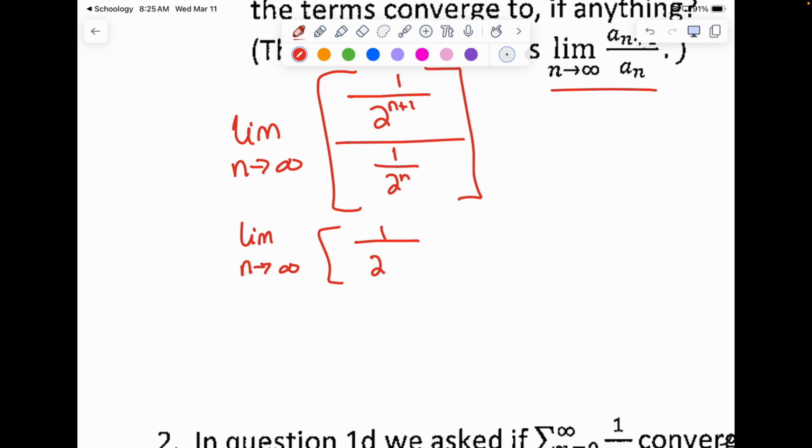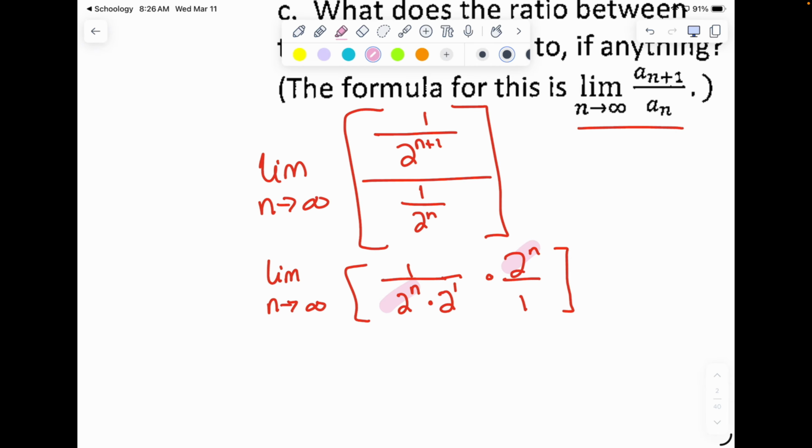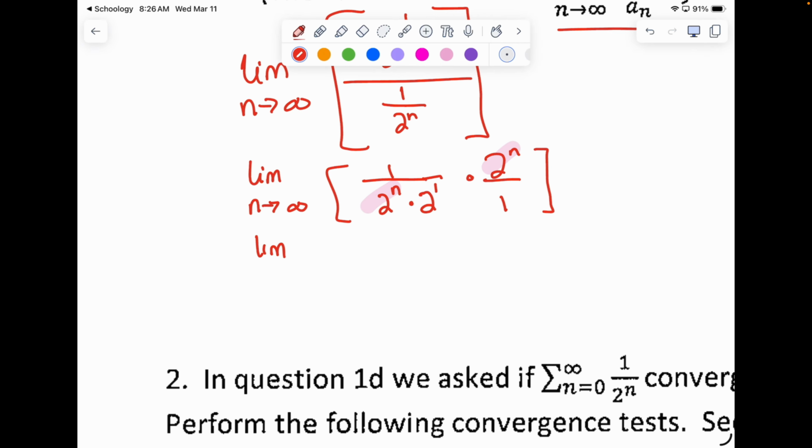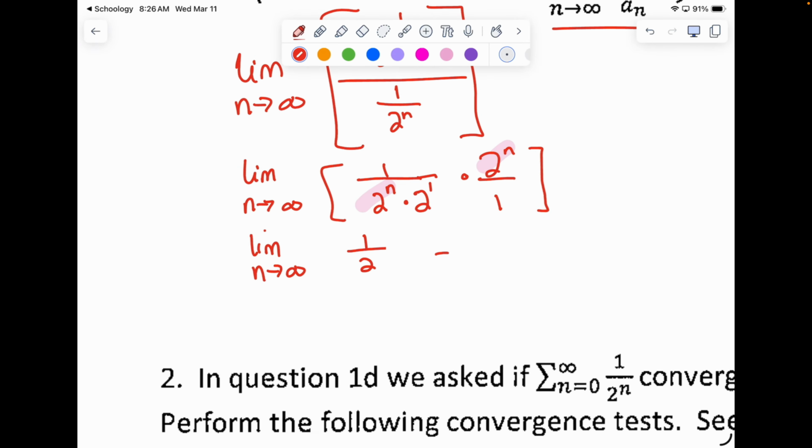I'm going to split these up. Is everyone okay with what just happened? Cool. Now I have a 2^n in the numerator and in the denominator. Those cancel out, and I just get the limit as n approaches infinity of 1/2, which equals 1/2.